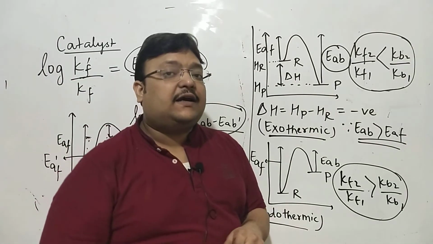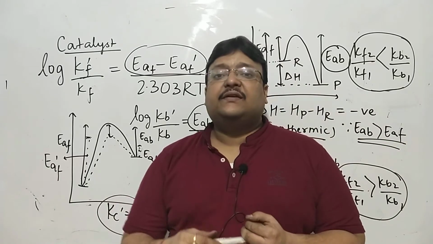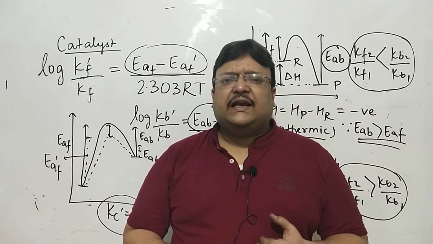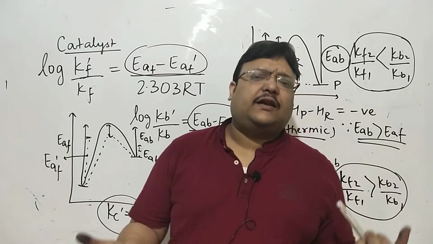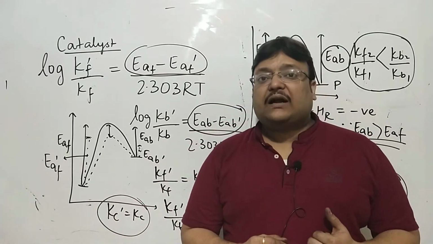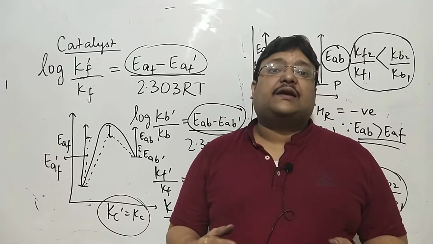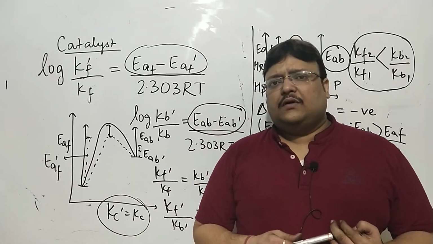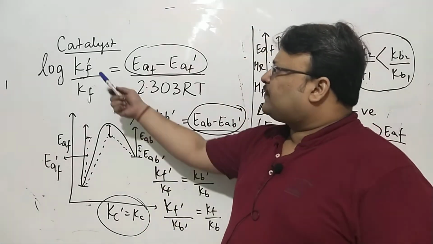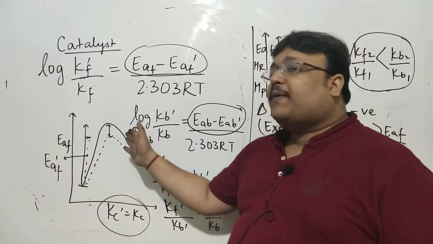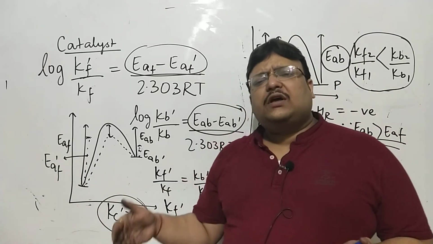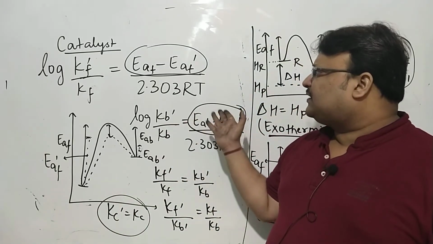Keep this in mind. A catalyst only increases the rate of the process. Catalyst does not change the yield. Catalyst से रिएक्शन जल्दी होता है, कैटलिस्ट से रिएक्शन ज़्यादा नहीं होता है. कैटलिस्ट, the role of catalyst is in the lowering of activation energy. ये जो लोअरिंग होता है ये फॉरवर्ड और बैकवर्ड के लिए बराबर होता है. तो जितना फॉरवर्ड को मदद करता है उतना ही बैकवर्ड को मदद करता है.